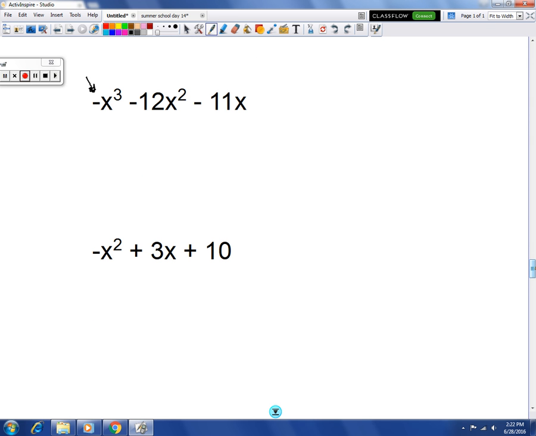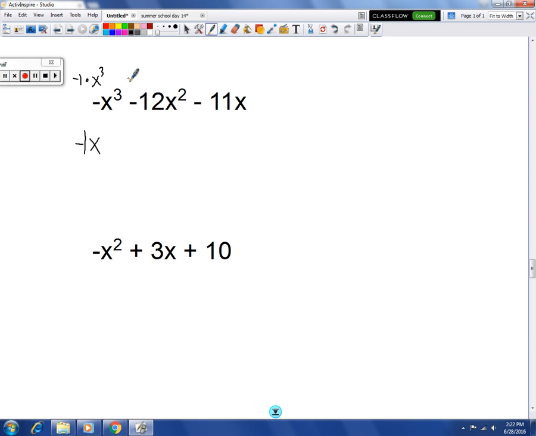Most of the time it will be. So I'm going to put it this way. I don't like to factor when there's a negative in front, so I'm going to pull out a negative 1 also. Let me back up a second and say it like this. This is negative 1 times x to the third, really.